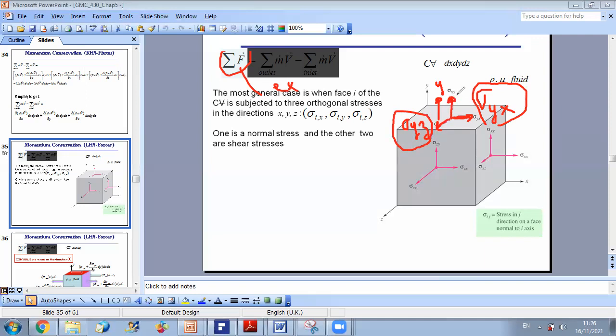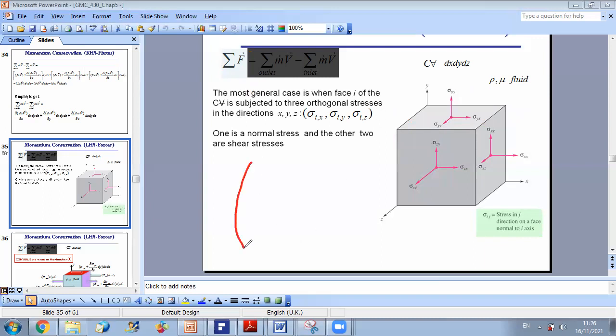Now, we can define for each phase three stresses. So we end up with a matrix of 9 stress values, that can be decomposed into 3 normal stresses and 6 shear stresses.